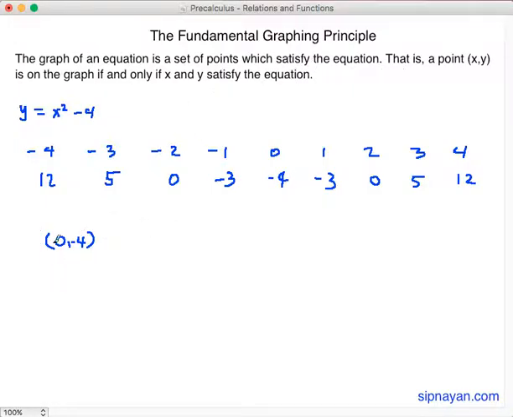So, pag nag-substitute tayo, y equals 0 squared minus 4. Ito yung x natin, 0. Then y is equal to negative 4. So, makikita natin that yung (0, negative 4) is actually part of the graph.